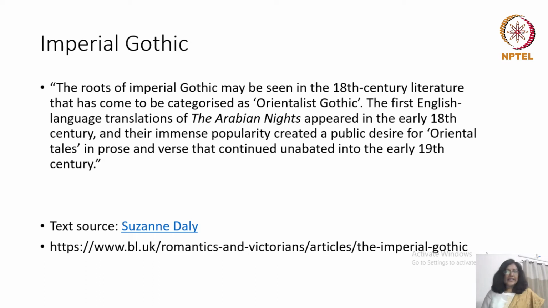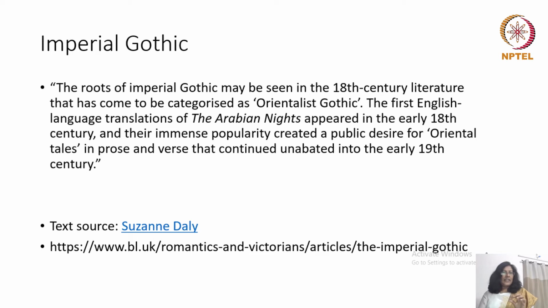Though the late 19th century is associated with Imperial Gothic fiction, Suzanne Daly argues that the origins of this particular mode can be seen in 18th century literature. In fact, in that period, it had been categorized as Orientalist Gothic. That is Gothic which originated from the Orient, from the East.